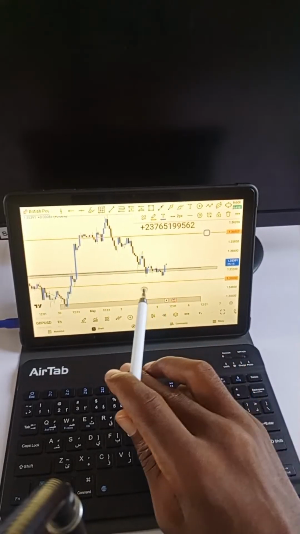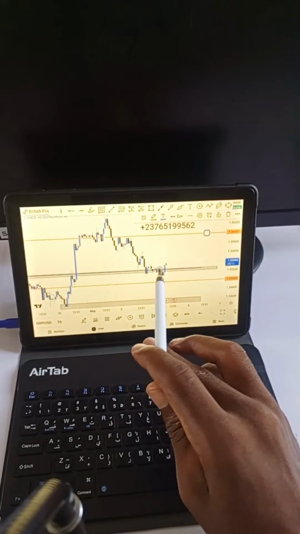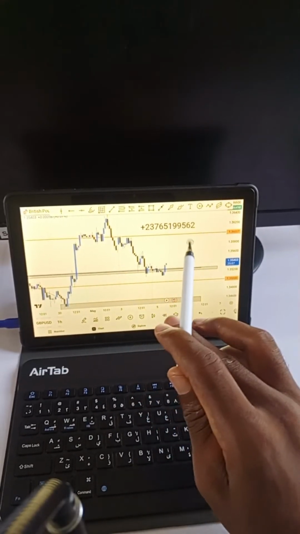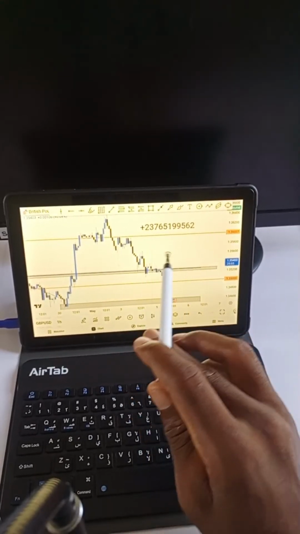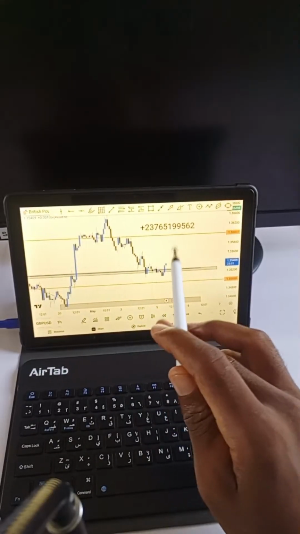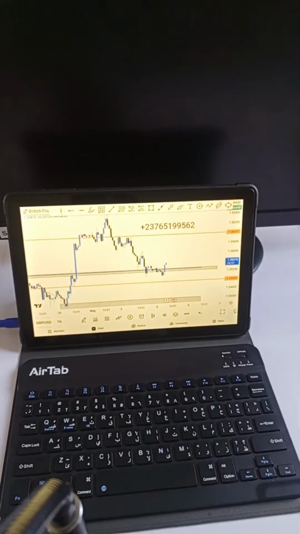And we cannot also buy because we've not had a clean hourly change of character. We need all those things to give us confluences or confirmations to start buying. So at this point, we still do nothing. We are just spectators of the market, not actors at this moment.